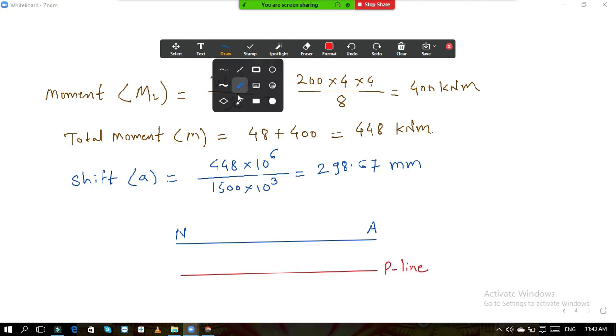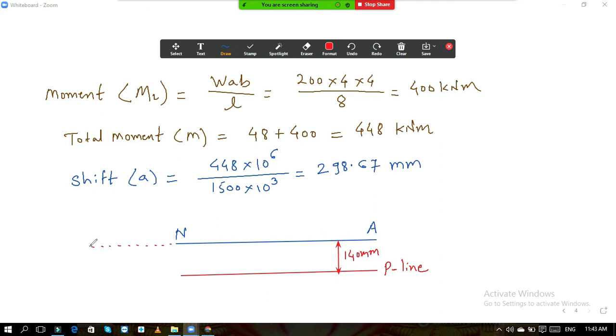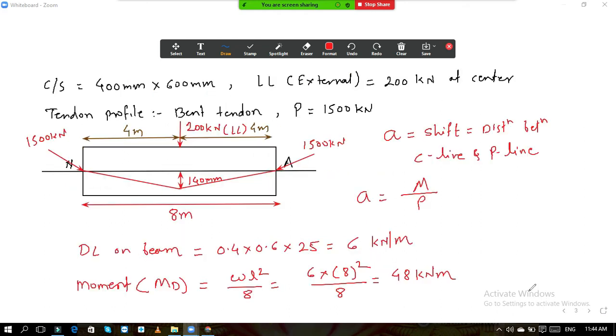And what is the distance? This is 140 mm. Okay. And from the neutral axis, if you see the dimensions of the beam, then here you can see that the depth of the beam is 600. So from neutral axis, your topmost fiber is at a distance of 300 mm. Your bottom fiber is also at a distance of 300 mm.